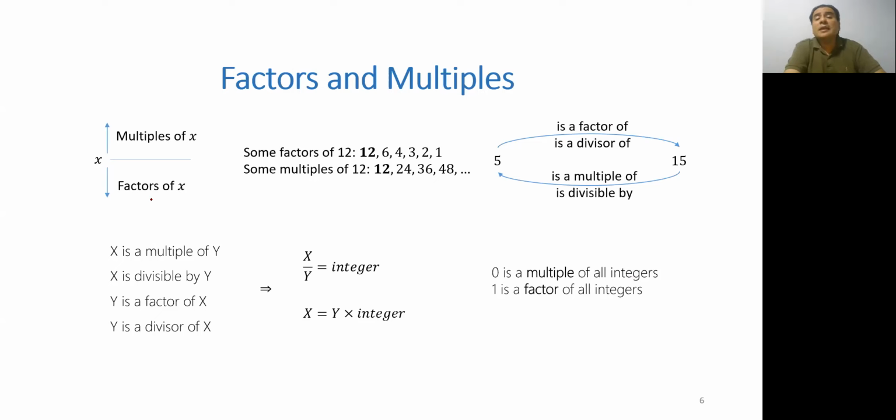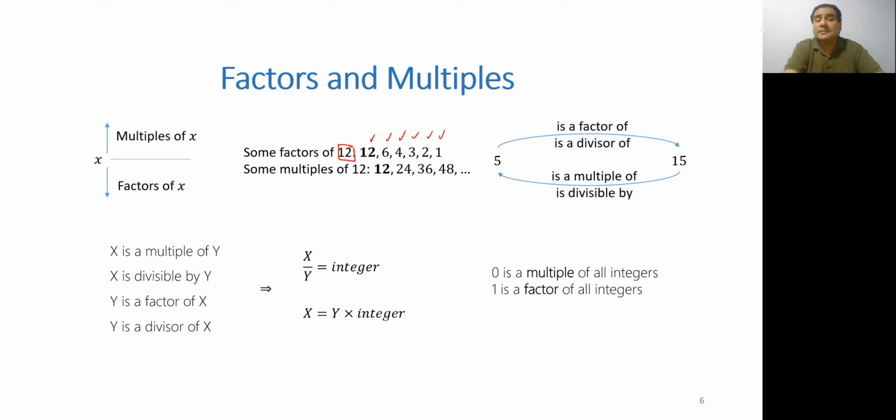Example, if we take number 12, the factors of 12 would be numbers such as 12, 6, 4, 3, 2, and 1. You can divide 12 by any of these other integers and get an integer as a result, an integer quotient, right?